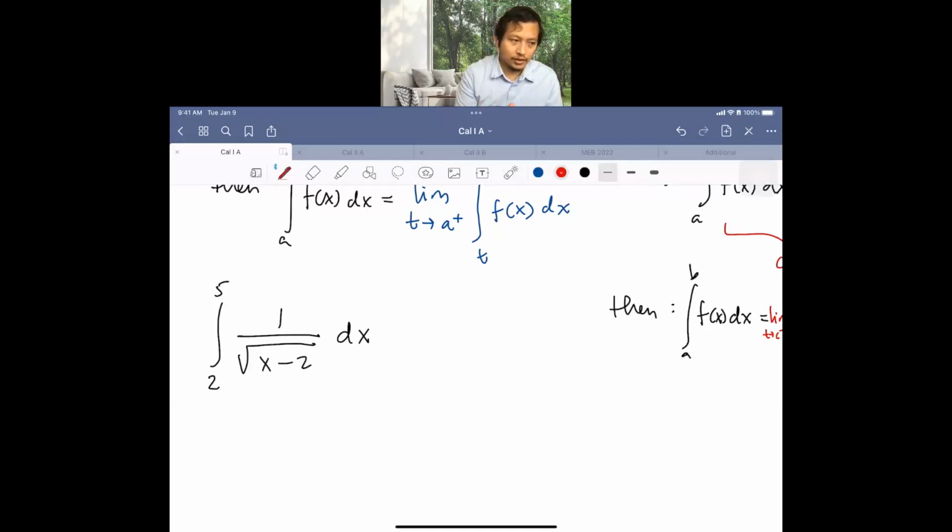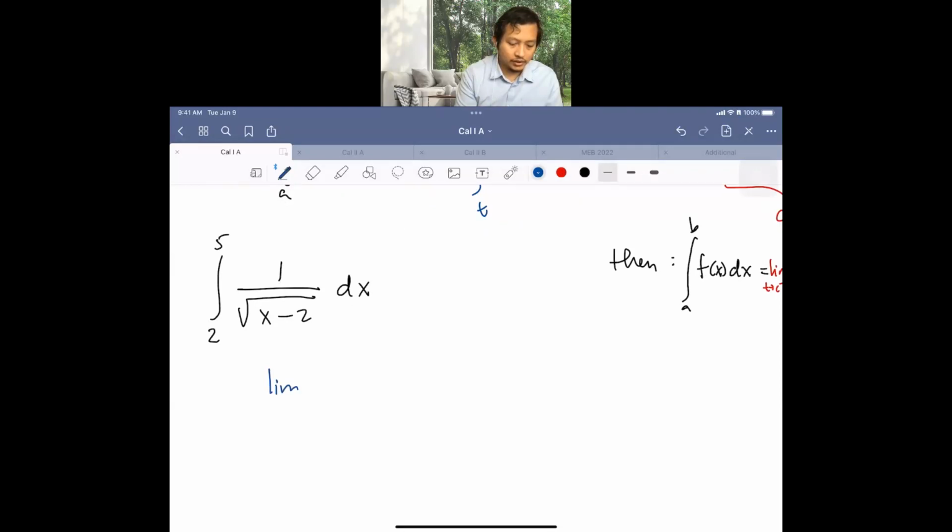So first, we take the limit as t approaches 2 from the right, with the integral from t to 5. We integrate x minus 2 to the power of negative half, so adding 1 gives half, and the rest will also be half, and this will be 2.